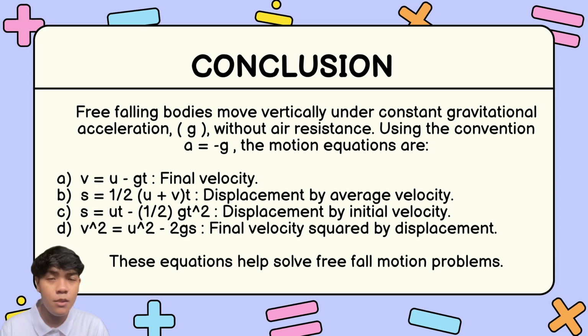The third one is S = UT - 1/2 GT² for displacement by initial velocity. And the last one is V² = U² - 2GS for final velocity squared by displacement. These equations help solve free fall motion problems.